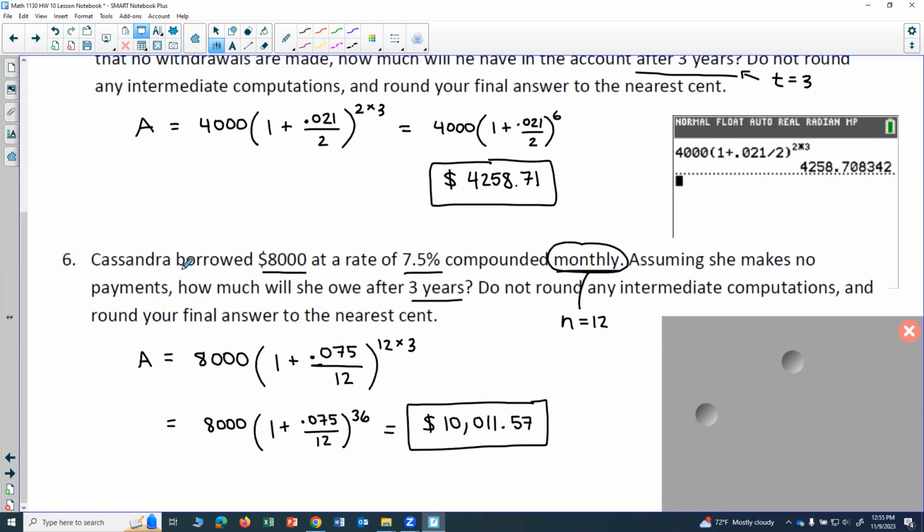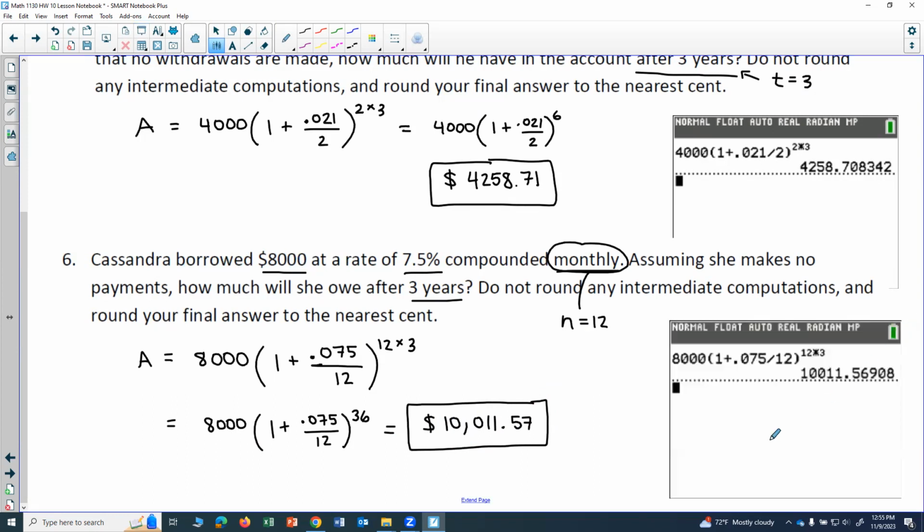So on this loan, she would end up paying an extra $2,011 basically, just because of the interest.